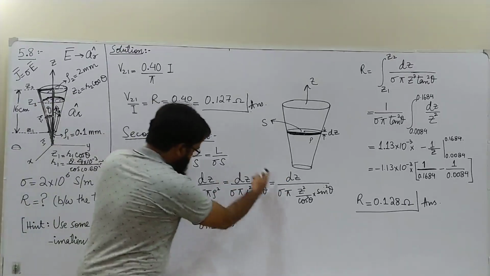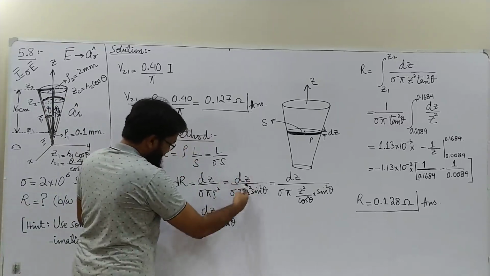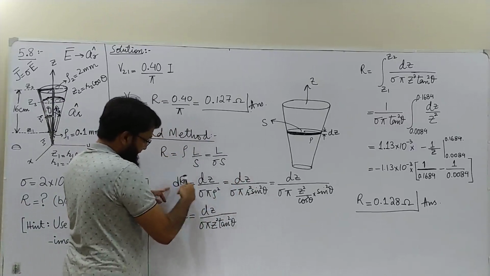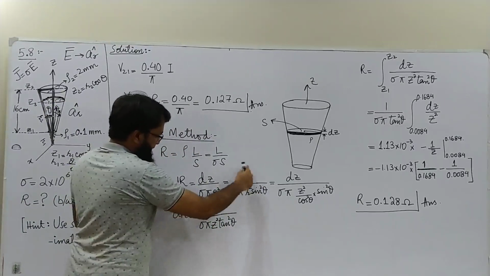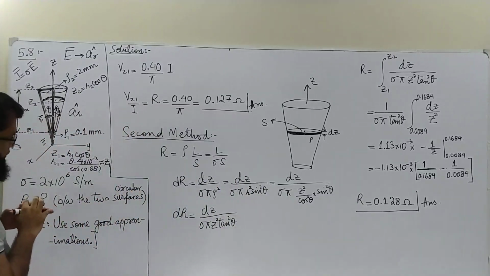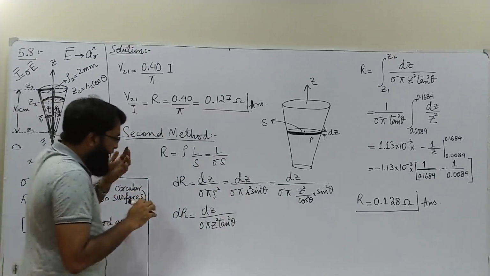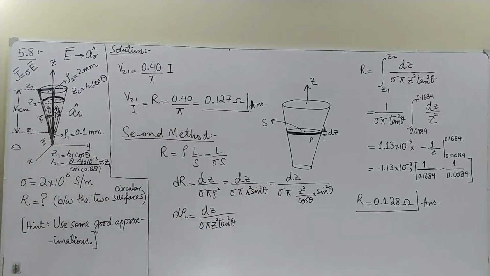Now we have this expression in which we have the variable z. If we integrate this expression to find the total resistance, the variable for integration will be z. Okay, so how about this r? Which value of r should we put here?